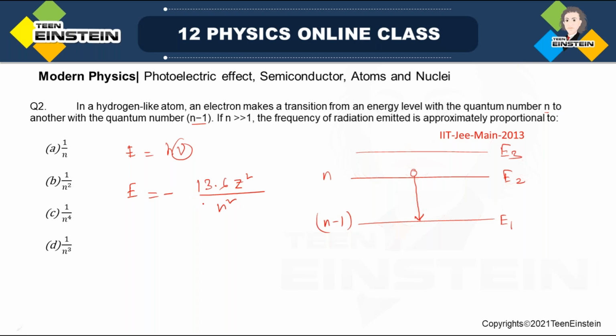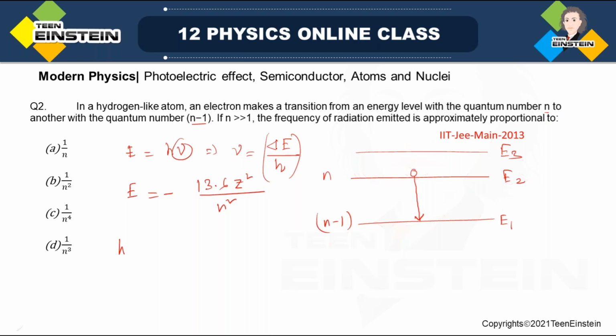So now if you want to find out the frequency of the emitted radiation, you first have to find E is equal to h nu. So if you want to find nu, you have to find the difference in the energy between these two levels, and then divide that by h. Okay, h is the Planck constant.